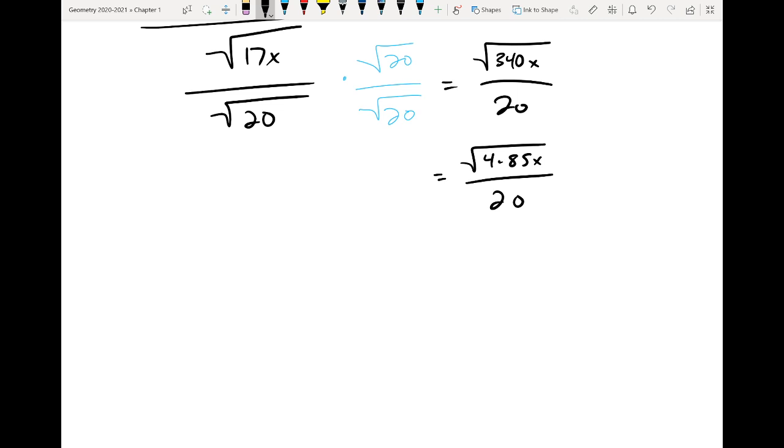So yeah, of course it works in there. 340 divided by 4 is 85. So we can pull that out of the radicand, right? The 2 can come out, but the 85x is going to be stuck inside. And of course, on the bottom, I still have 20.